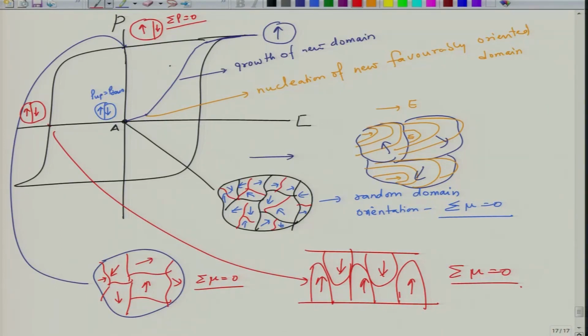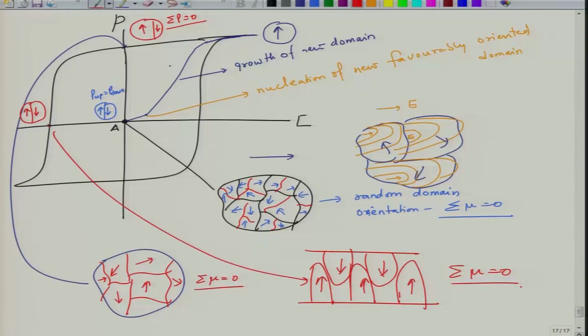So, oppositely oriented domains are equal in fraction, and then again the same process repeats as you go in the negative cycle. So, this is how the switching occurs in ferroelectrics, by formation of new favorably oriented domains to the direction of applied electric field and their growth, and then saturation.